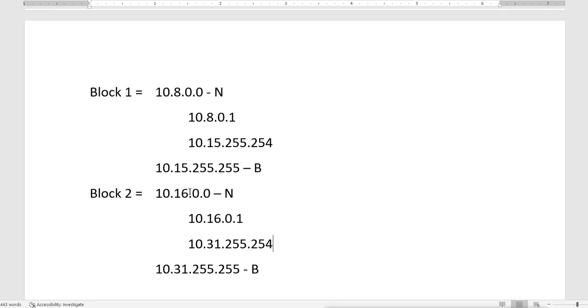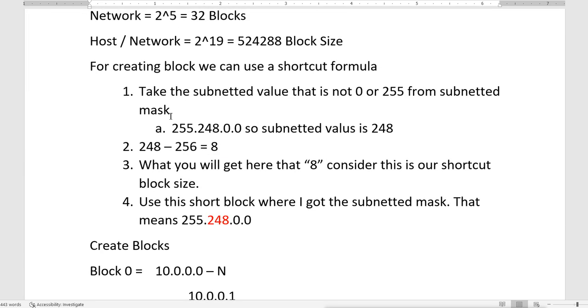Now what I did here, I used a shortcut formula. I took the subnet mask, and from that I used the subnetted value, the value which is not 0 and not 255. So in the subnetted mask we have 248. Then we subtracted it from 256, we get the value 8, and we consider this 8 as our shortcut block size.